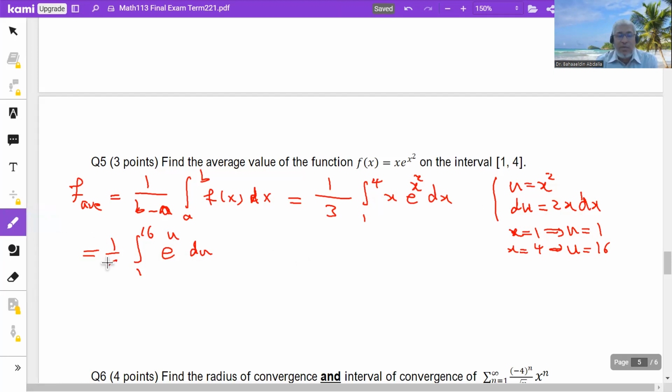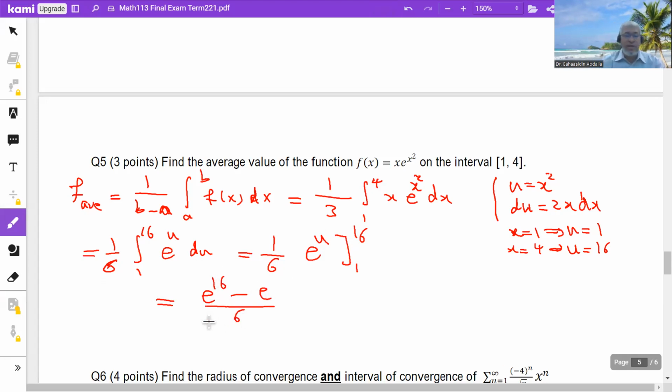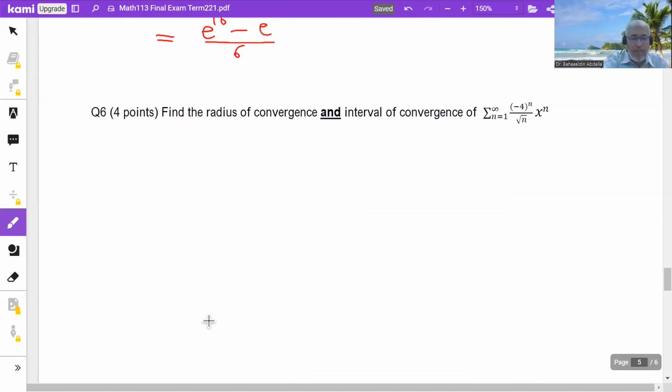And 2 times 3, I'll have 6. So I'll have 1 over 6. The integral of e to the u is just e to the u from 1 to 16, and the final answer will be e to the power 16 minus e to the power 1, over 6. This would be the average value of the function.